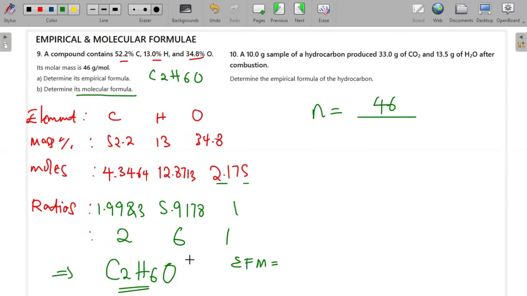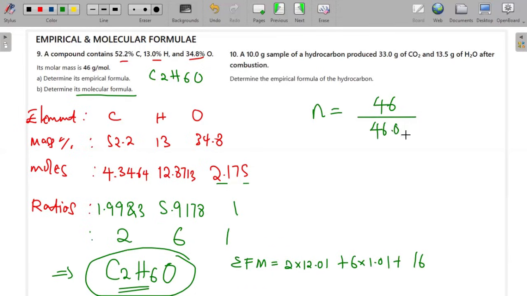You get the empirical formula mass from the empirical formula: 2 multiplied by 12.01 plus 6 multiplied by 1.01 plus 16. So my molar mass there is 46.08.